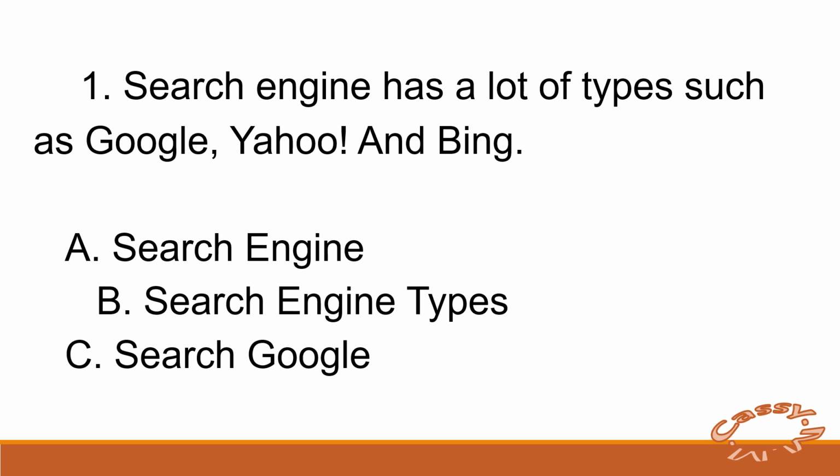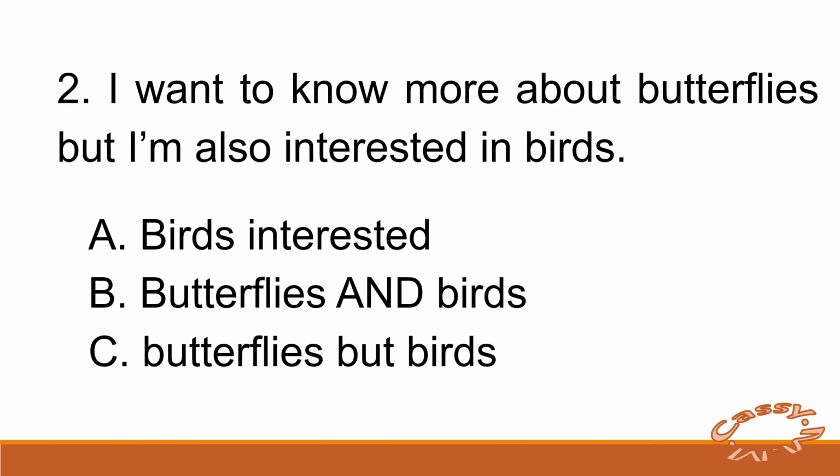The answer is B. 2. I want to know more about butterflies, but I'm also interested in birds. A. Birds interested. B. Butterflies and birds. C. Butterflies but birds. You are correct. The answer is B.